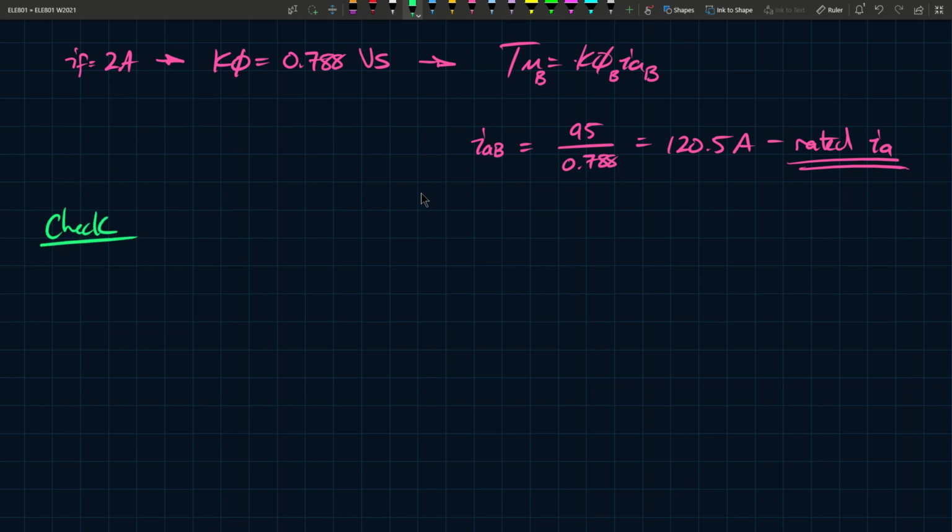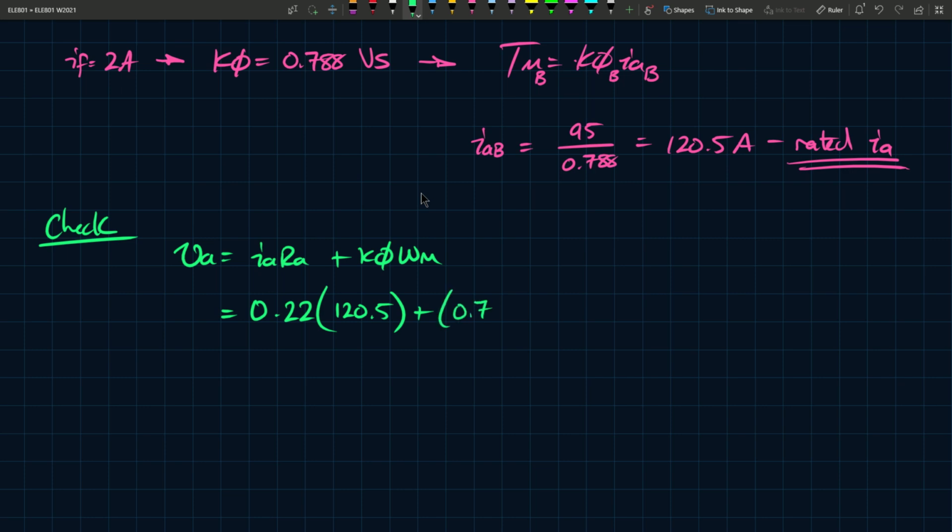So check. We know that VA equals IA RA plus K phi omega M. Now, if you plug in all your rated values, you should get the rated voltage. There's no rated resistance, but there is a resistance. The rated current is 120.5, the rated K phi flux constant is 0.788, and the rated speed is 157.1.